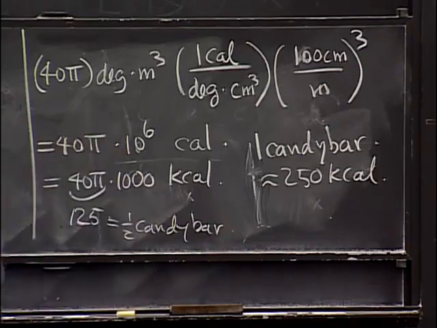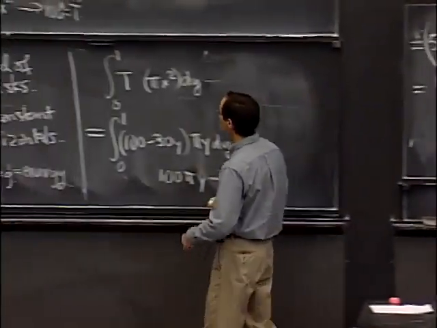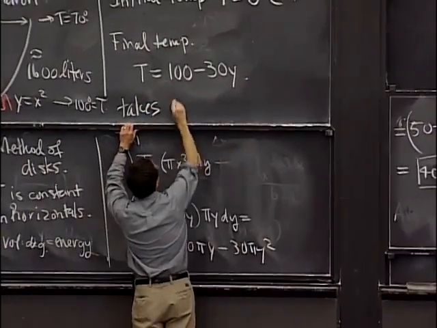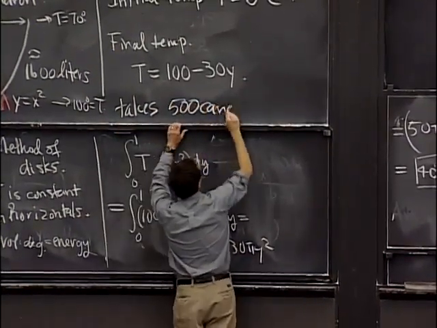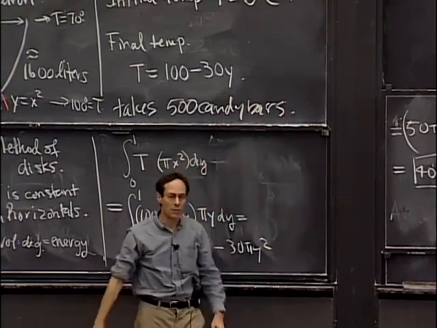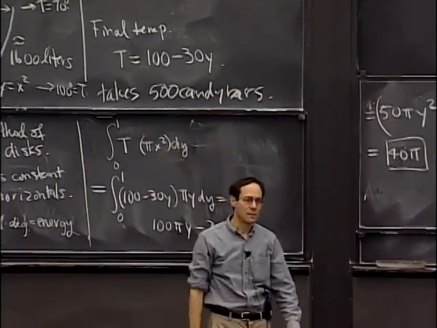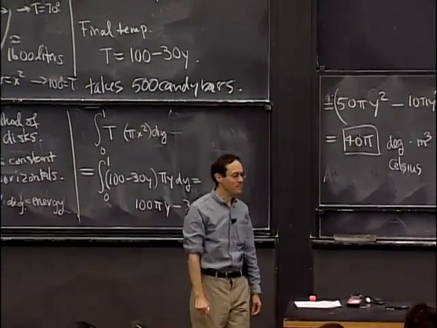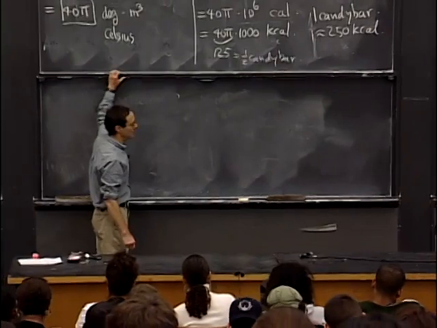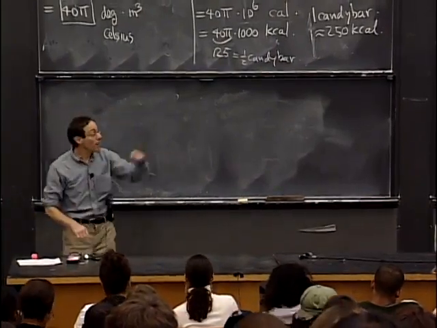So the answer to our question is that it takes 500 candy bars to heat up this thing. Okay. So that's our example. Now, yeah. Question.